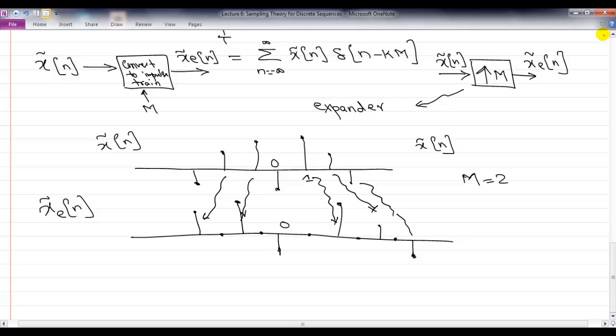In expansion, you have complete analog of that convert to impulse train, which is effectively you take a sample, put m minus 1 zeros, take another sample, put m minus 1 zeros. Okay? So we'll be using those two blocks of an arrow down or an arrow up showing decimation or expansion as simply replacements of what we did in the continuous time world. Okay.